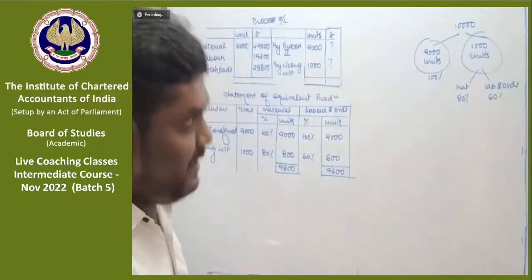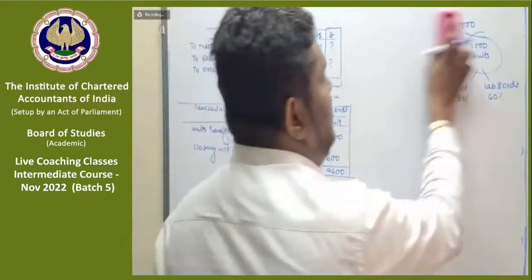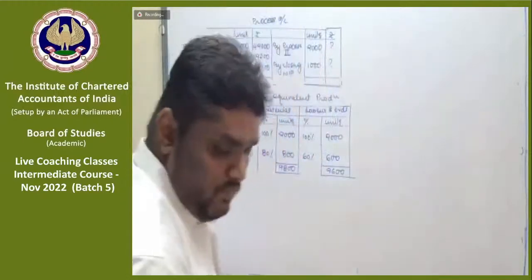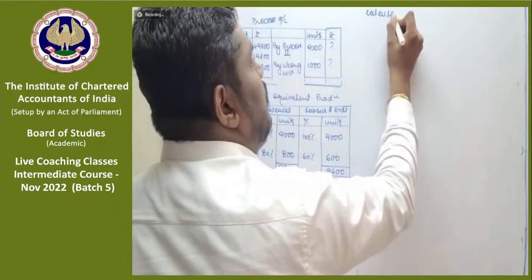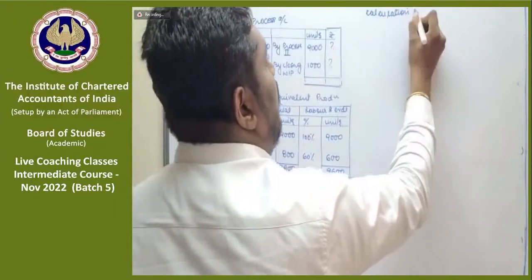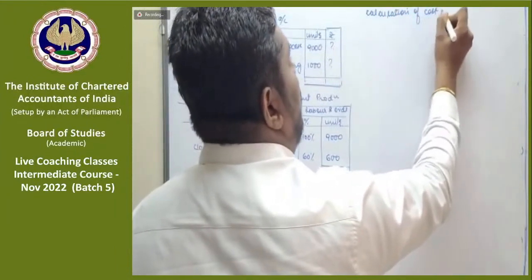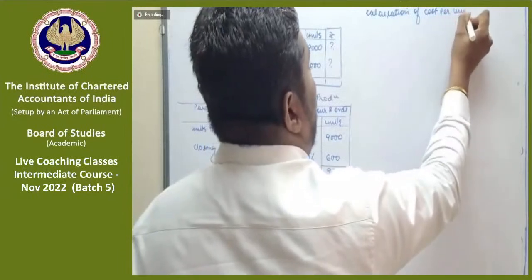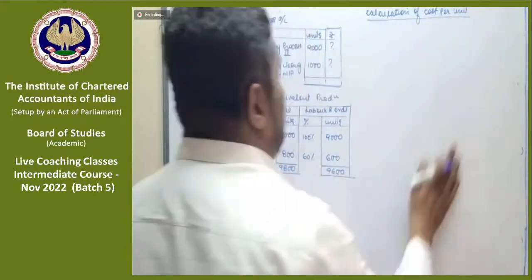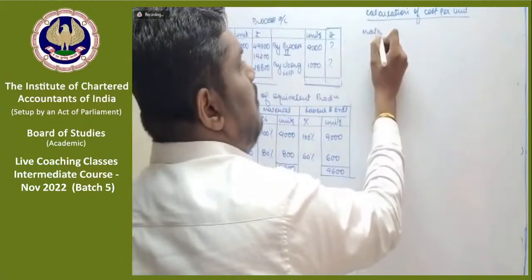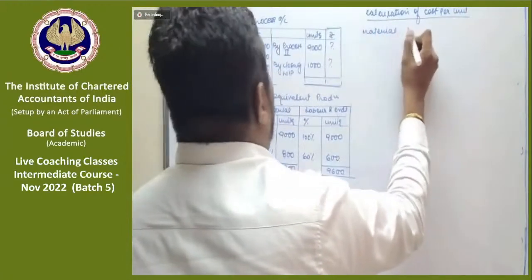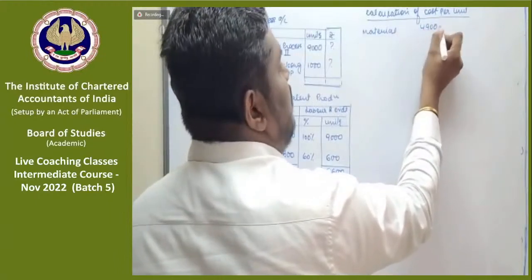Now, the next part, that is calculation of cost per unit. Now, total material cost is how much? 49,000.